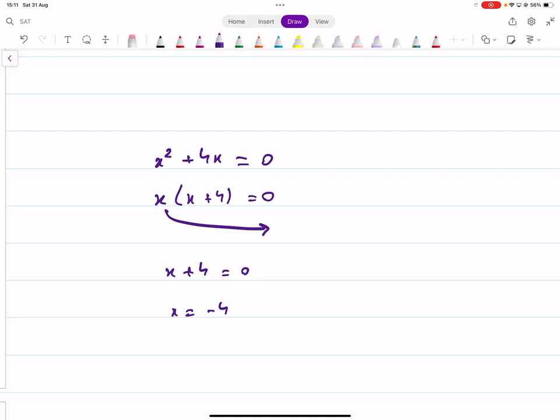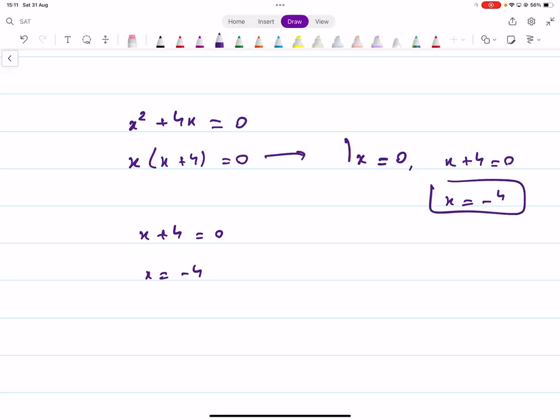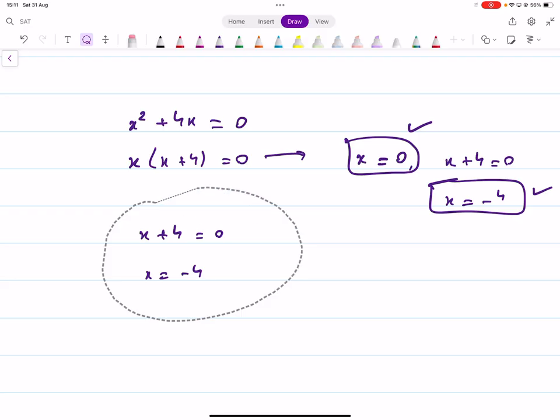But that leaves you with one less solution, because if it's a factorized form like this, the proper way of doing it should have been like this: either x equals 0 or x plus 4 equals 0. So we get two solutions from this: x equals 0 and x equals minus 4. If we divide by x like that, we miss out on one solution.